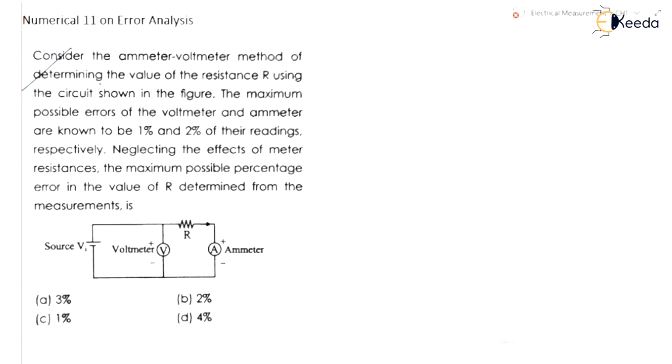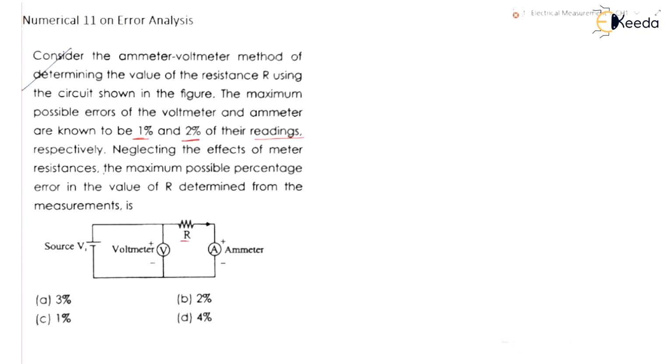Let us read the question. Consider the ammeter voltmeter method of determining the value of the resistance capital R. Okay, so this is the unknown resistance, and for that we are using this ammeter voltmeter method. Okay, next, the maximum possible errors of the voltmeter and ammeter are 1% and 2% of their readings respectively.